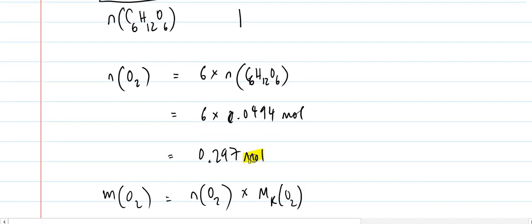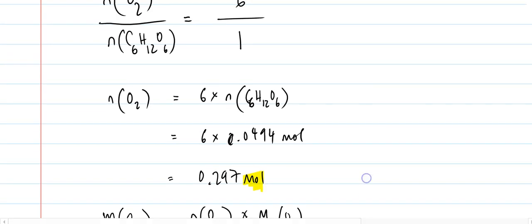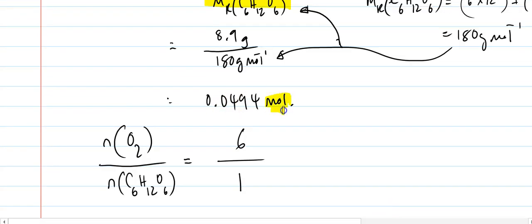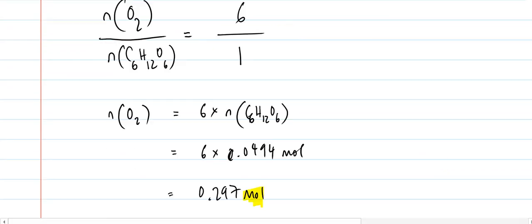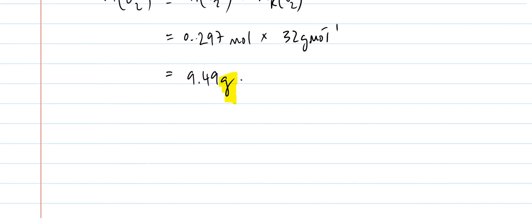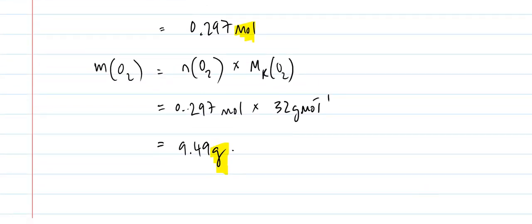Or even when you work out the final values for each of these other things, like number of moles of oxygen or number of moles of glucose, you must put in the units. It's essential, okay? Really bad form if you do not, and I imagine some examiners will deduct marks.